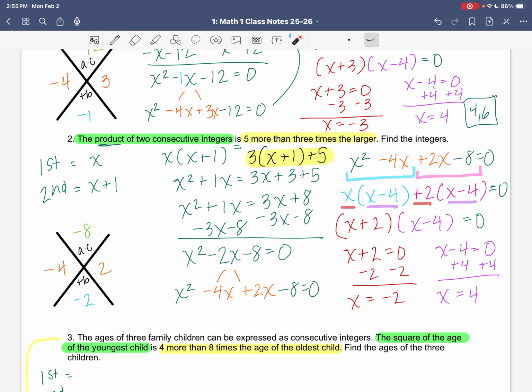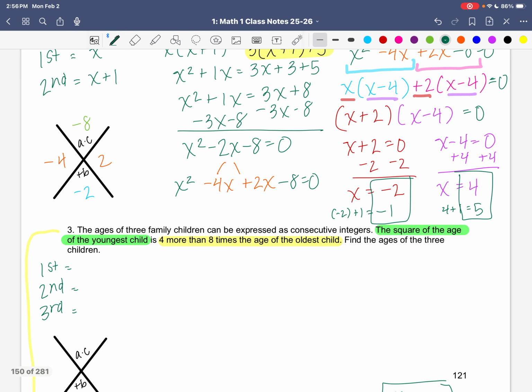However, this is one last part. If x is negative 2, I know that the other number is going to be negative 1, because negative 2 plus 1 equals negative 1. And then I know if x is 4, then 4 plus 1 equals 5. So it would be negative 2, negative 1, 4, and 5.